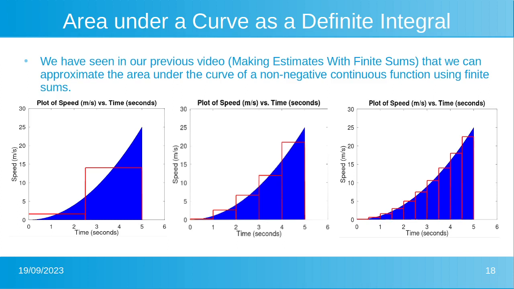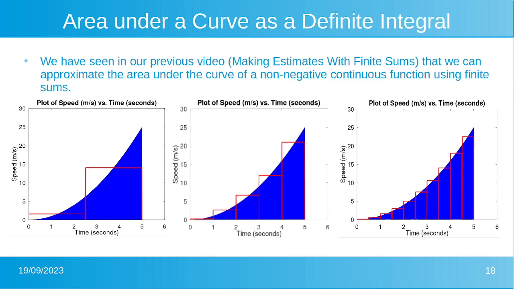And then in our second sub-interval, in that bottom left graph, we approximated the area under the curve with the area of that second larger rectangle, which is again outlined in red. And then we approximated the total area underneath the curve as the sum of the area of the two rectangles.